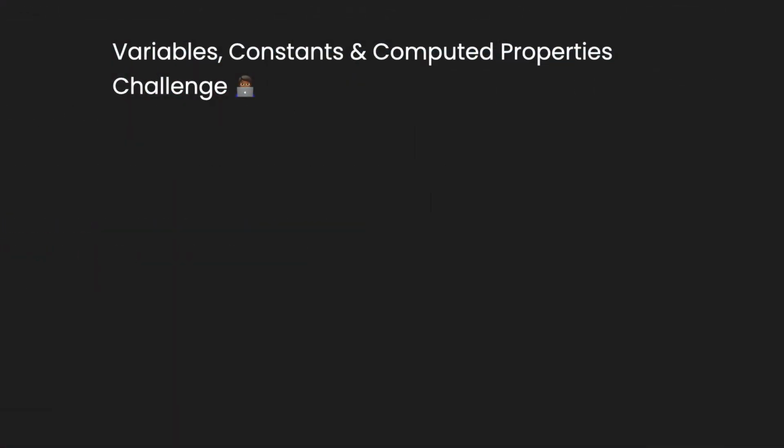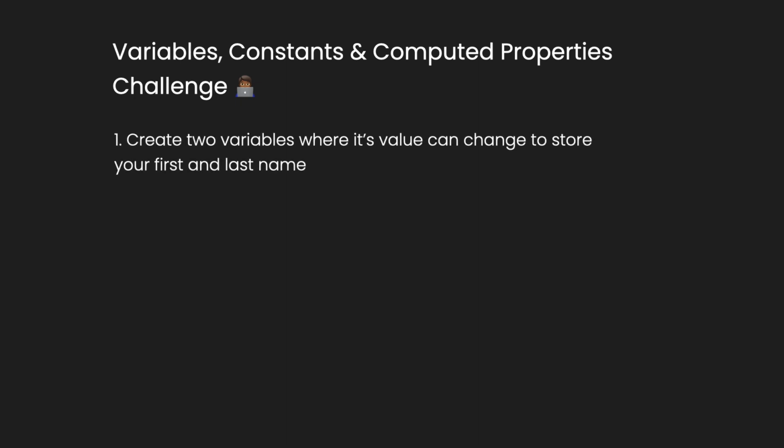Right guys, the challenge that I want you to do for variables, constants, and computed properties is the following. First of all, create two variables in a playground whose values can be changed, to store your first name and your last name. You have to think about the naming of these variables.